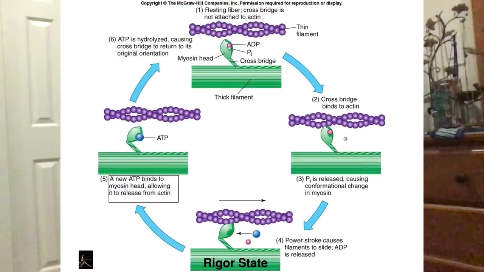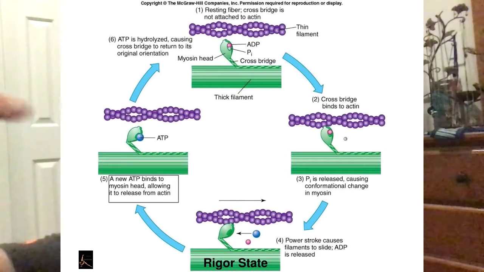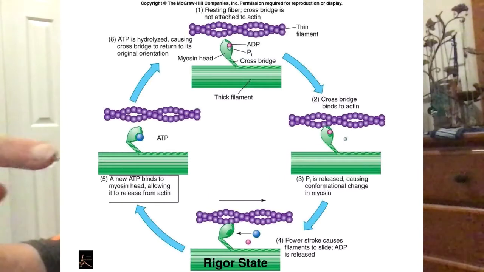Okay, so if we start over here on the left, you can see our myosin has ATP bound to it. We're going to assume now we have calcium up on the troponin. It moved the tropomyosin, and the active sites are exposed on the actin.